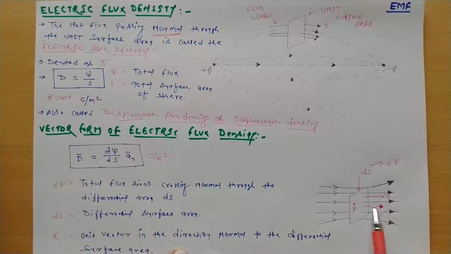The direction is defined by the unit vector a_n, which is also normal to this differential surface area.